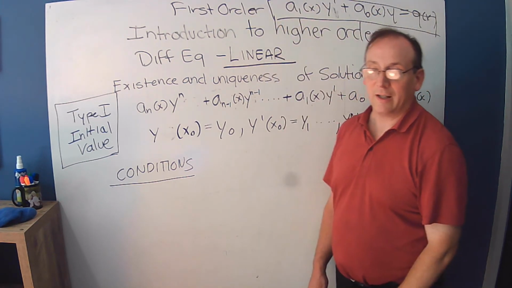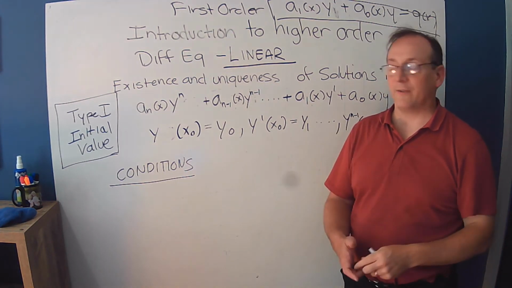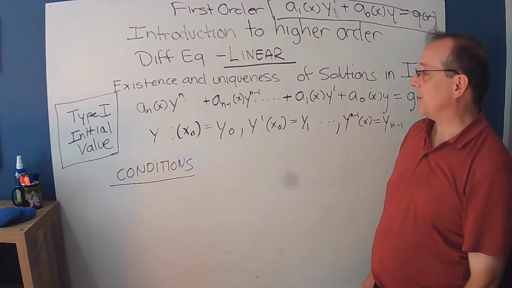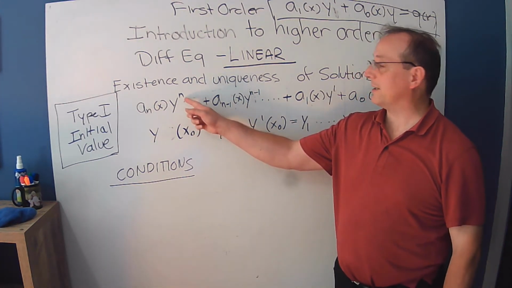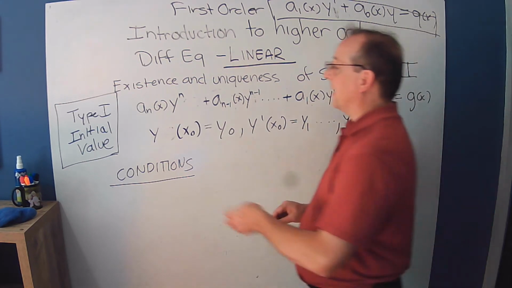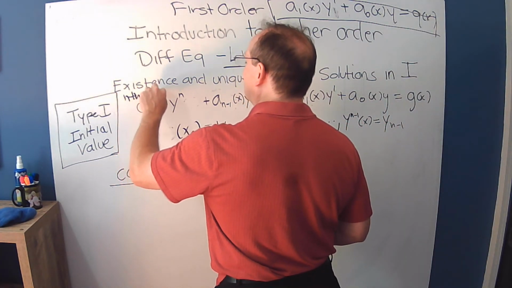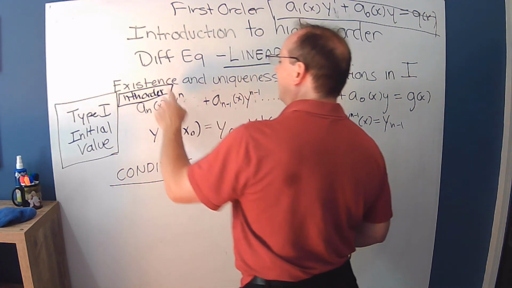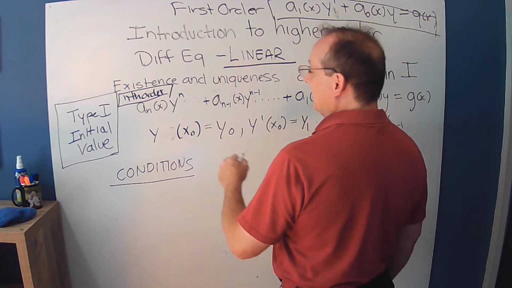And this idea of a higher order is just going to be an extension of that same concept. So this is an nth order equation, because of the n, that's the nth derivative of y.